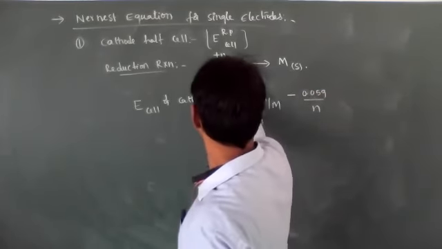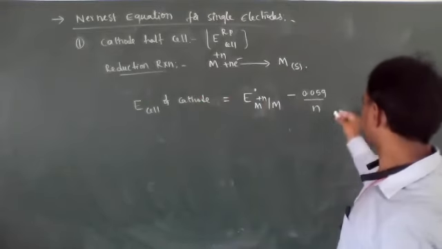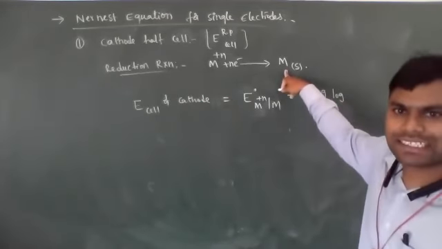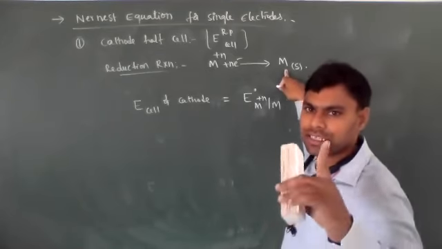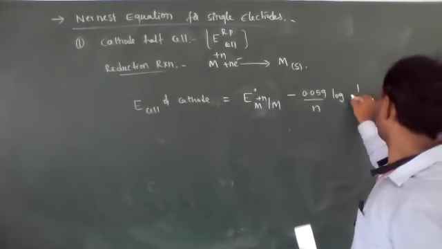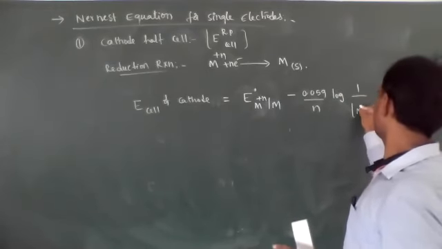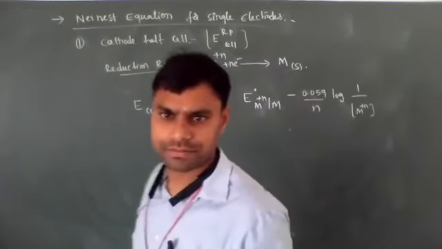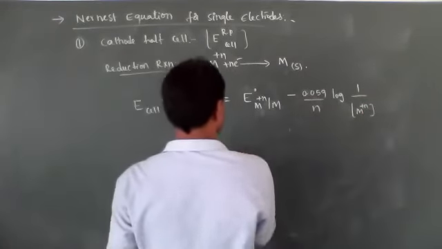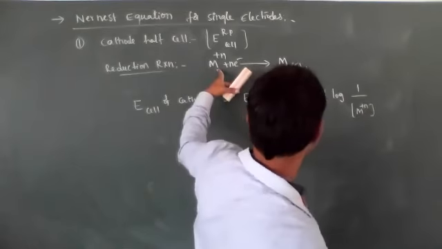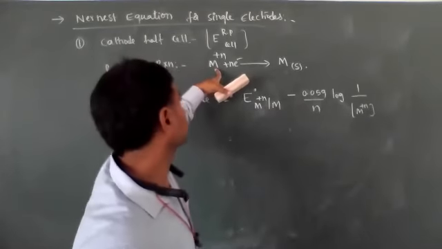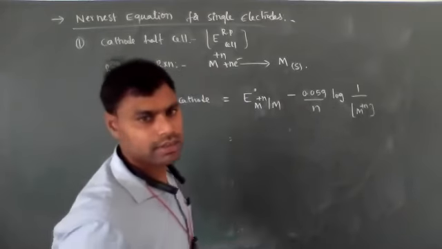It accepts n electrons. By n into log of concentration of products over concentration of reactants. For solids, the concentration is 1, that's why 1 by concentration of M plus n. That is the reactant concentration at the cathode.